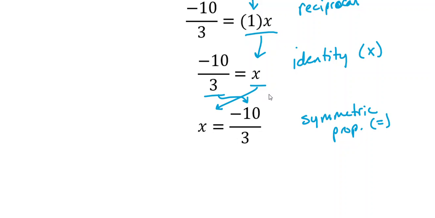And so even though it's mind-numbingly obvious, as so many of these are, it comes in handy. And so it's important to state that we are following a rule here. All right, well, that was crazy. I'm not going to ask you to do anything nearly as crazy as this, but this gives you a really big example of applying the properties in a real life equation situation. Thanks for watching.